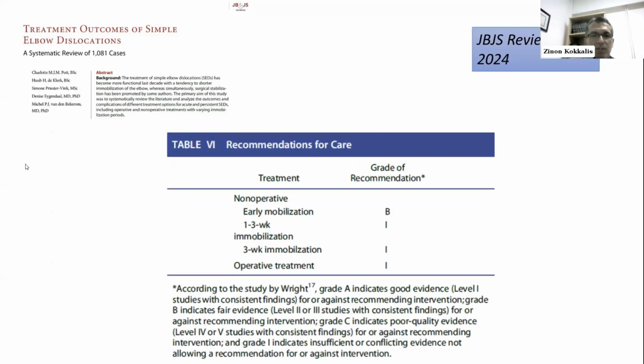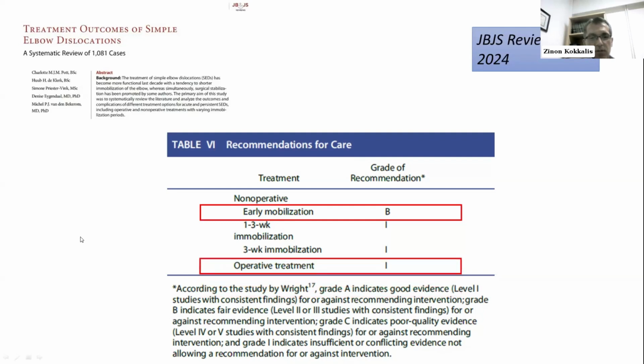And according to this table, non-operative treatment with early mobilization gets grade B, which indicates fair evidence, while operative treatment gets grade I, which indicates insufficient evidence, not allowing a recommendation for or against surgery.